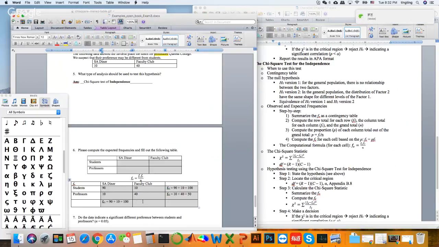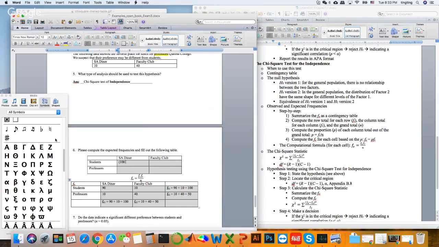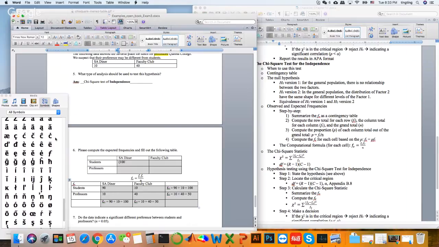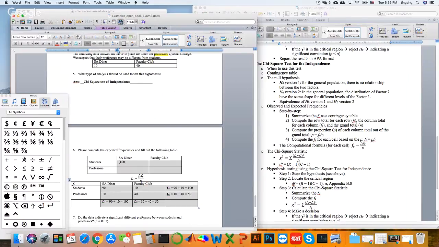Also 90 plus 10, 100. This is column: 10 plus 40 equals 50. And then for each cell, we do the computation. Here is 100. You can write this information in the exam. You can use this formula on another scratch paper. Just give me the numbers.